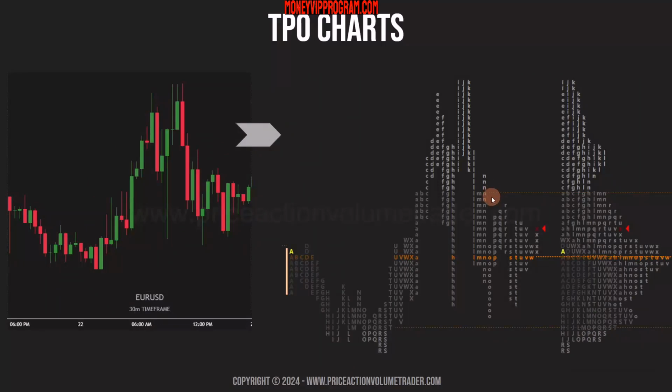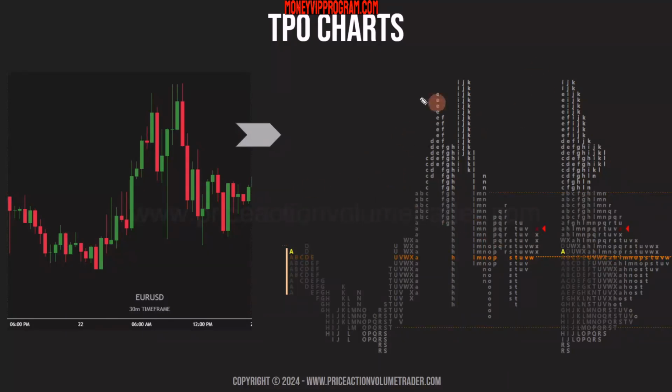And then this is another representation, the same Euro US dollar chart. This is now on Sierra Chart, which is going to be the main platform I'm going to be using for this course. But again, you can use any platform that you want. Most professional platforms are going to have all the functionality that you need for the TPO charts and market profile.